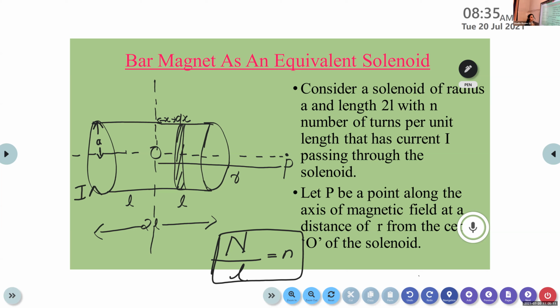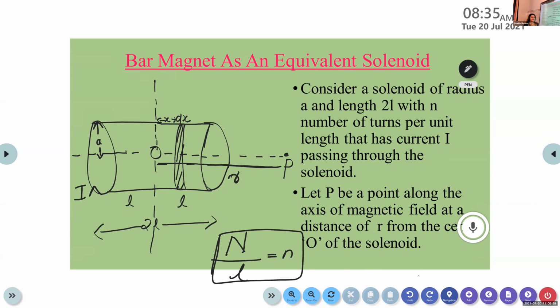Whenever the current I is passing through the solenoid, it produces a magnetic field. For that, we consider a point P along the axis of the solenoid, located at a distance of R from the center O of the solenoid.